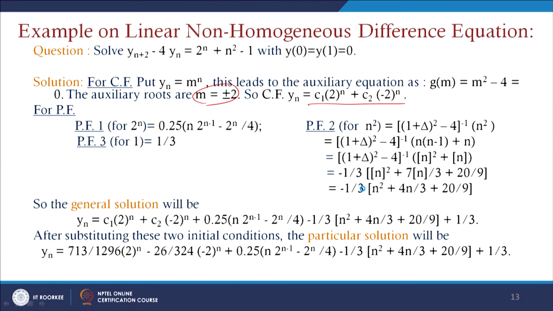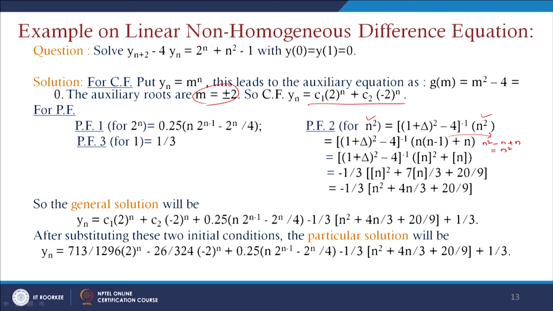So, first we try to convert this n square into the factorial part. That is why we write this n square in the form of n into (n minus 1) plus n. So, it can be written as n square minus n plus n, which is nothing but n square.